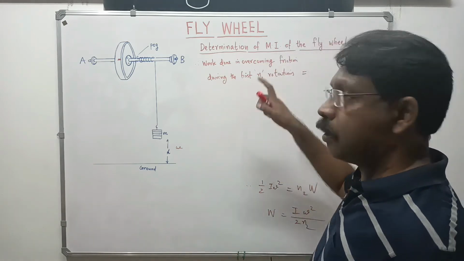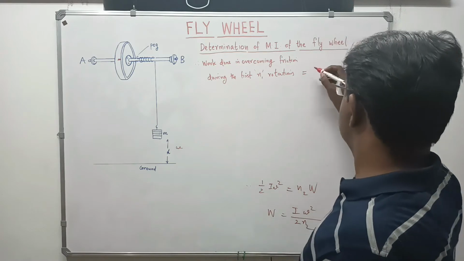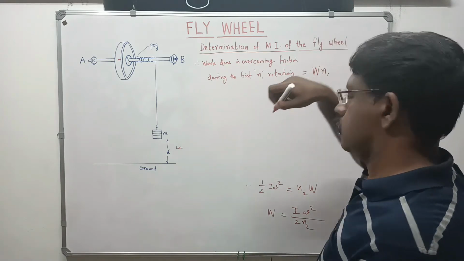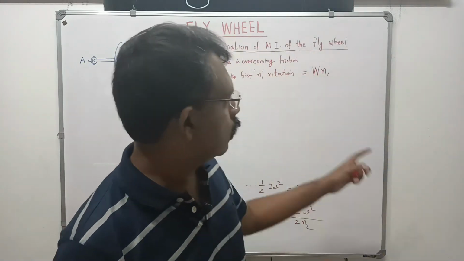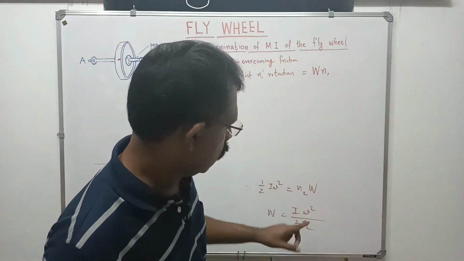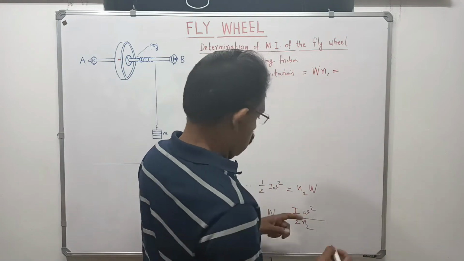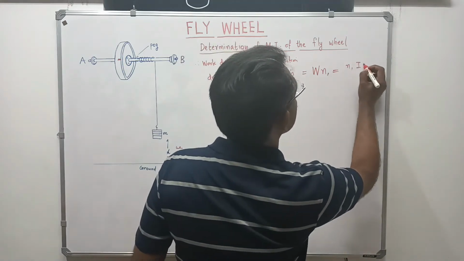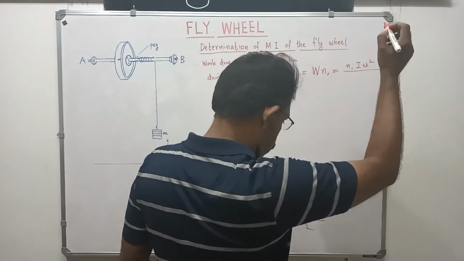So for n1 rotations it will be W into n1. So W is the work done in overcoming friction for a single rotation multiplied by n1. So we have W here, so it will be n1 I omega squared divided by 2 n2.